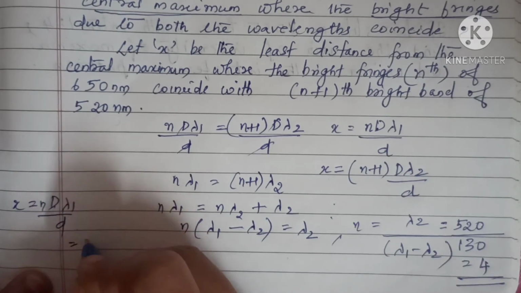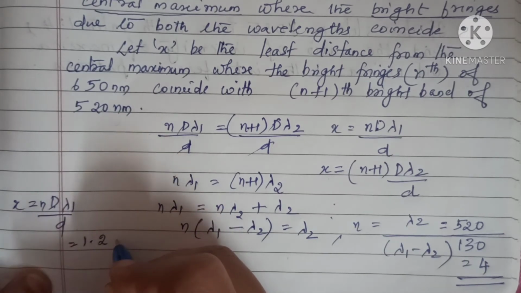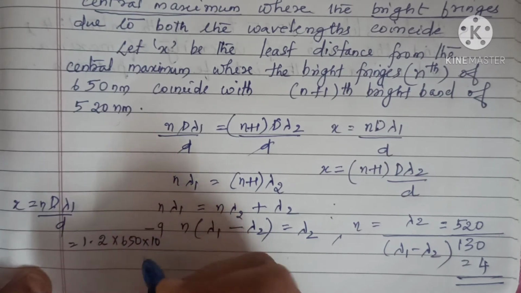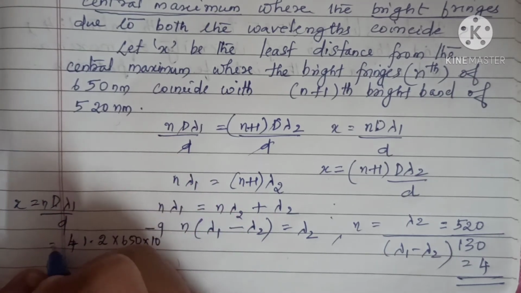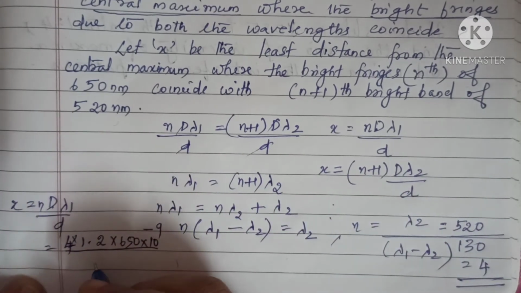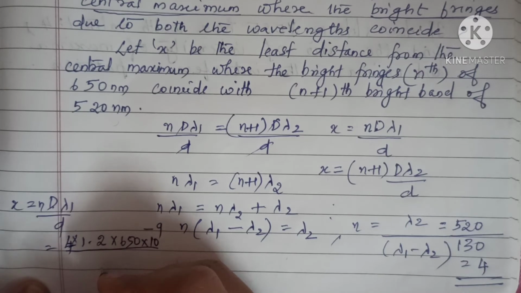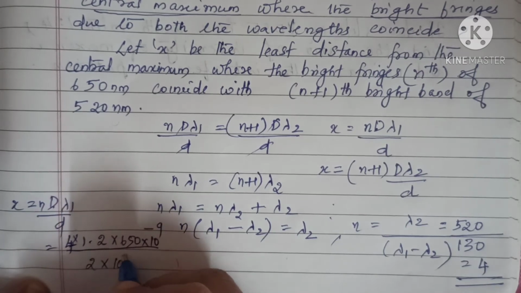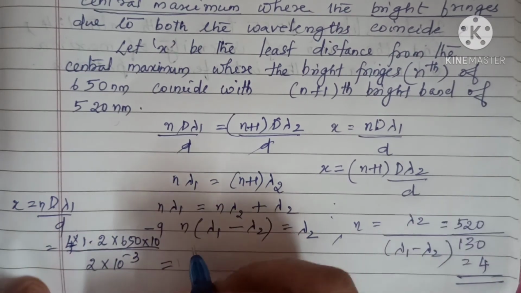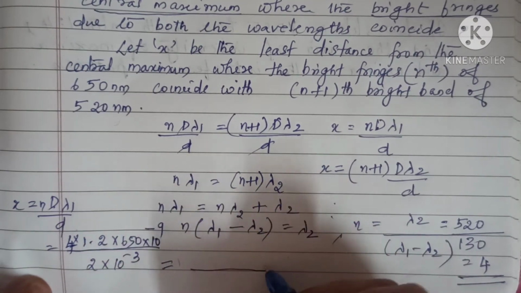Capital D is given as 1.2. Then lambda 1 is 650 into 10 raised to minus 9. N, now you got it as 4, divided by what is small d? Small d is 2 into 10 power minus 3. Clear? So you will get the answer in meters.